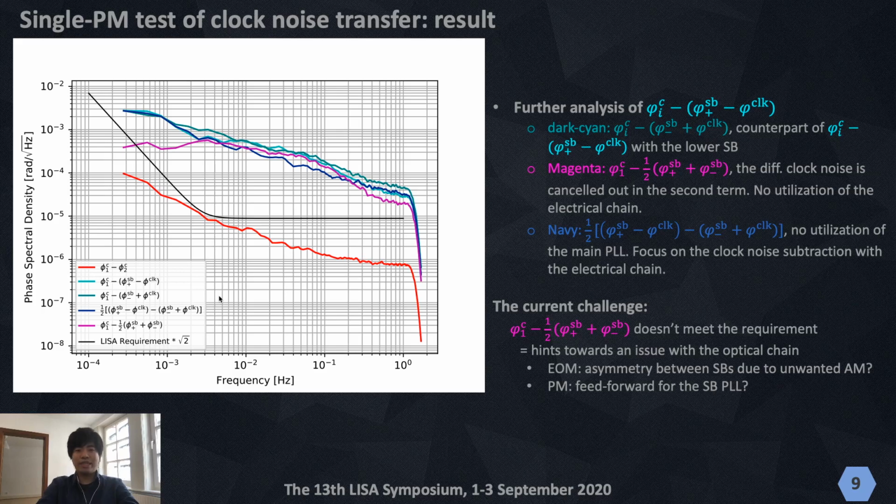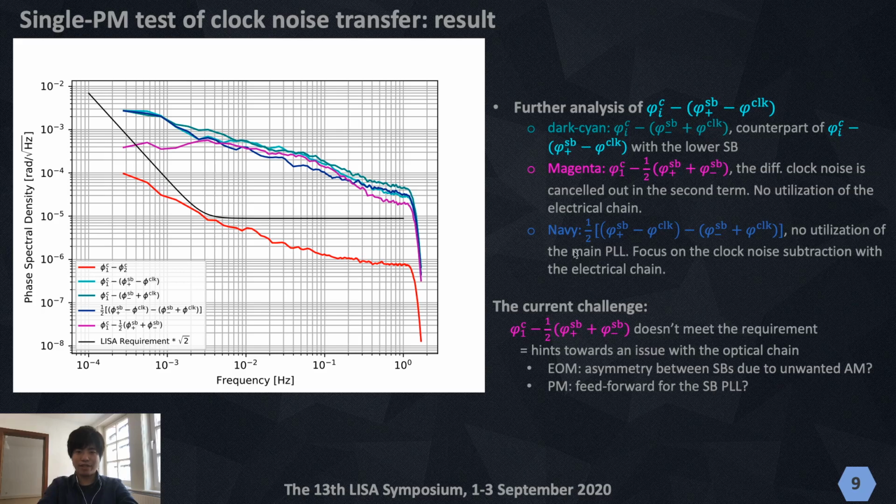Hence, we did further analysis of Cn. So 3 more plots are shown in this figure. Dark Cn is just a counterpart of Cn with a lower sideband. And magenta is the combination which can be generated only from the optical chain. So in principle, there is no noise contribution from the electrical chain.